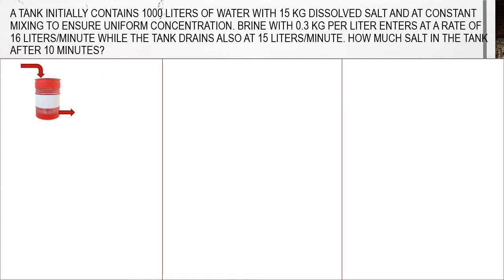A brine with 0.3 kilograms per liter enters at a rate of 16 liters per minute, while the tank drains at 15 liters per minute. So there's a difference of 1 liter per minute.